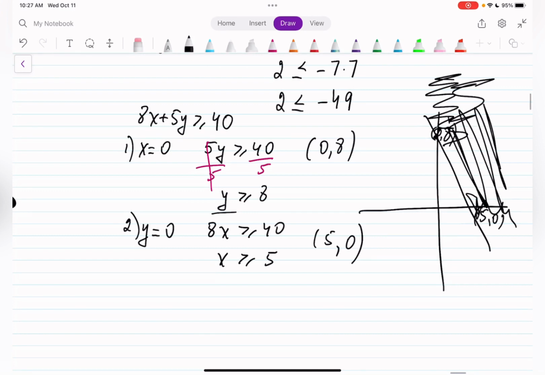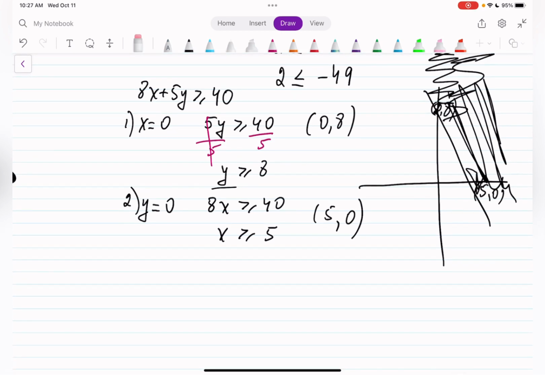Or other way to do it, I'm taking a point. Let me clean this. I can draw one more time. This is 5, this is 8. I'm taking a point here.